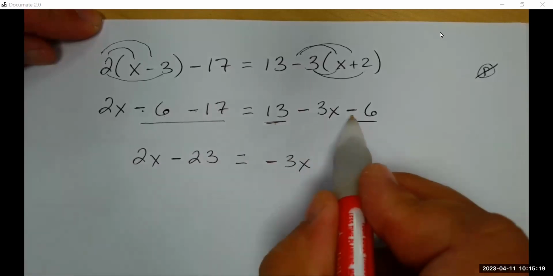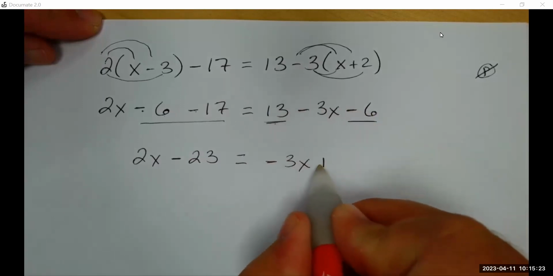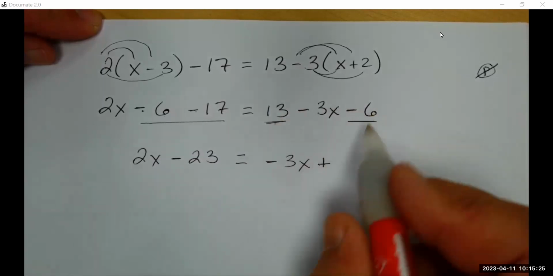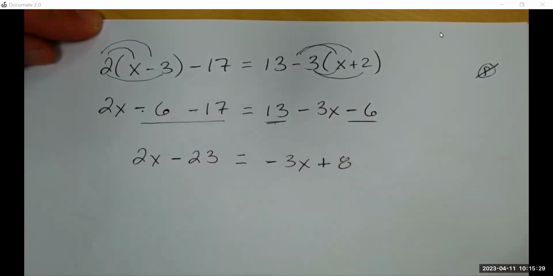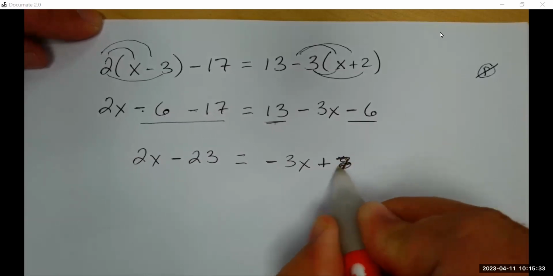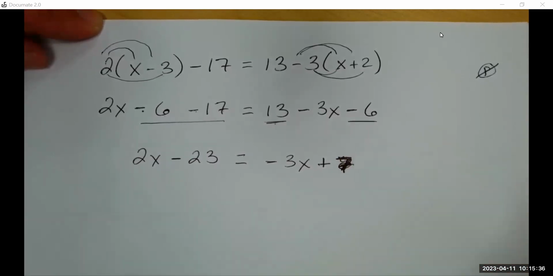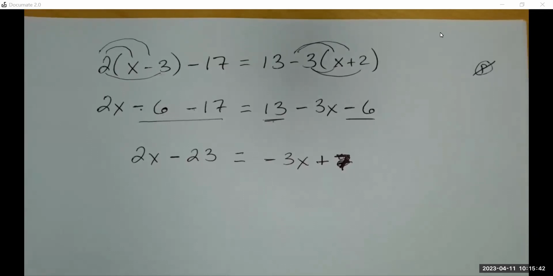So we have 13 positive and negative 6. 13 is bigger than 6, so the answer is positive. 13 minus 6 is 8. Is it? No, 7. So we combine like terms. And actually, after we finish this, I'll show you a shortcut at that stage.